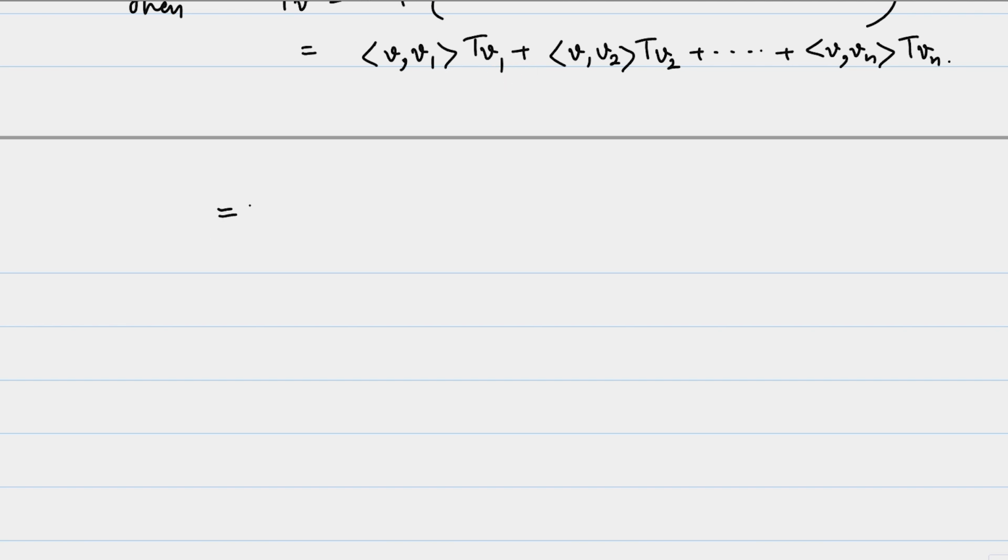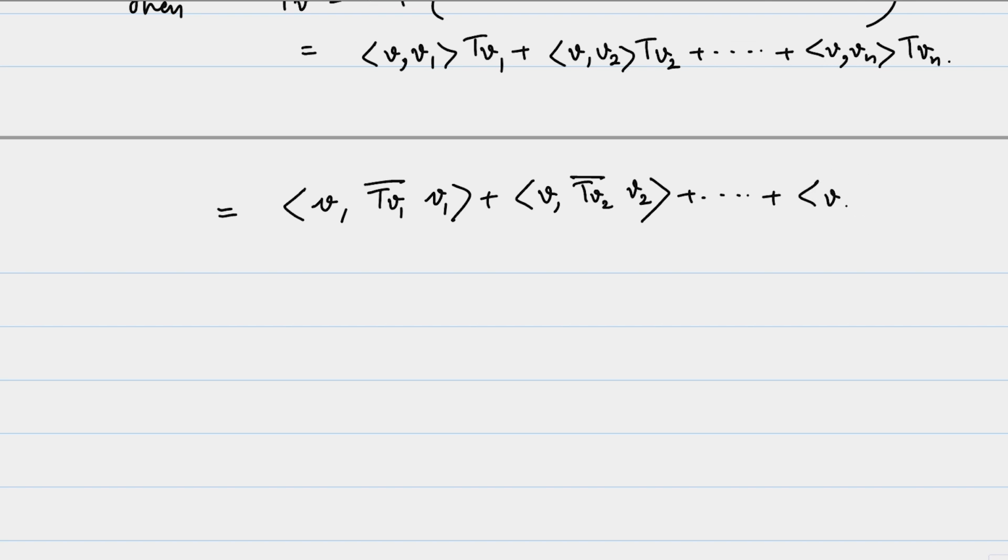So I can just pull this into the second coordinate and write this as V comma TV1 bar times V1, plus V comma TV2 bar times V2. Notice that whatever is being written inside is just scalar multiplication of the scalar TV1 bar with V1, TV2 bar with V2, and finally in the last term it will be V comma TVn bar times Vn.